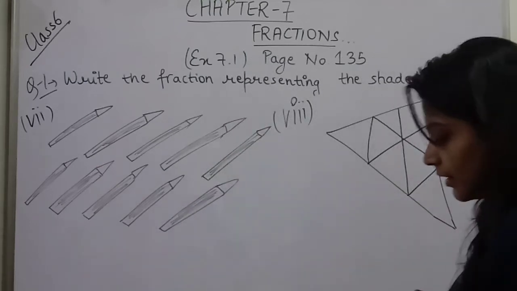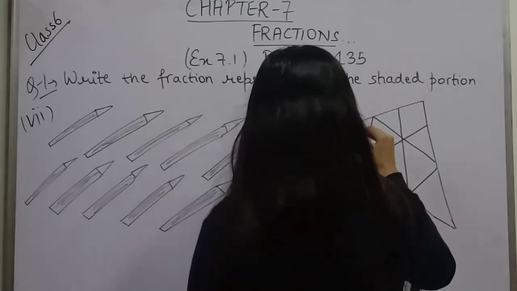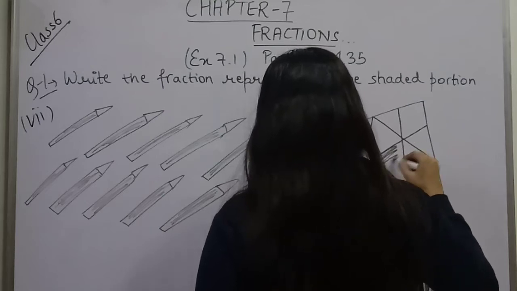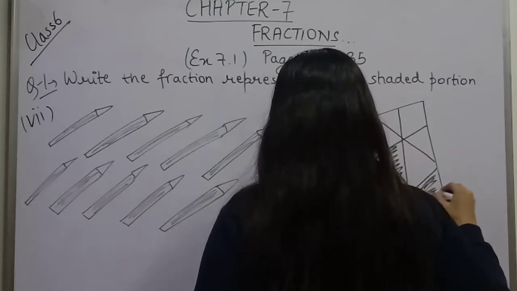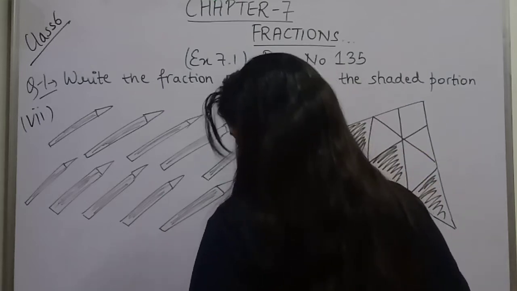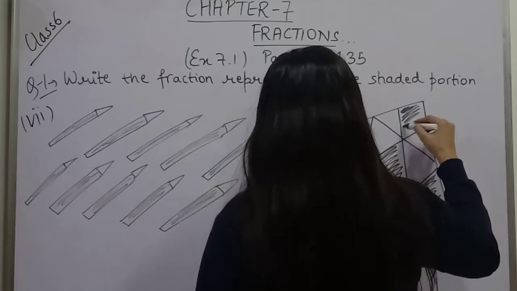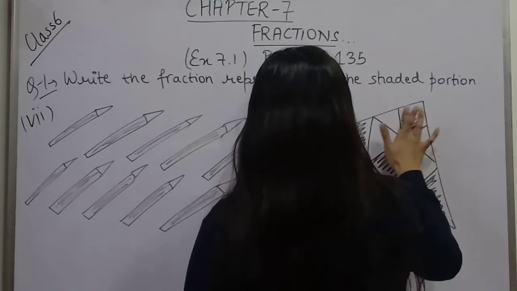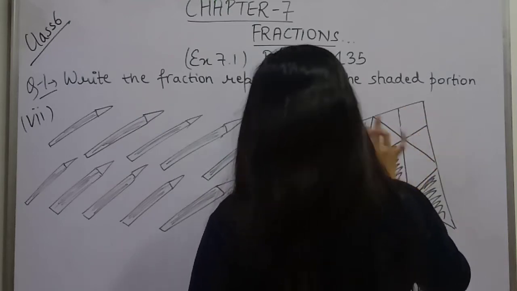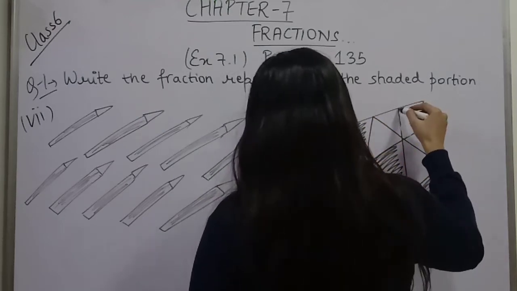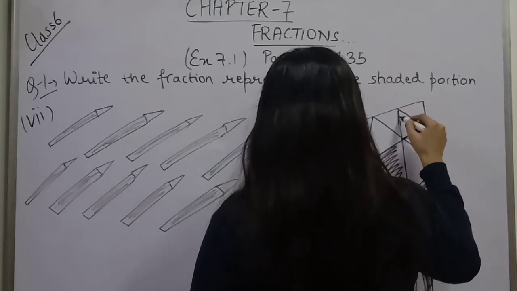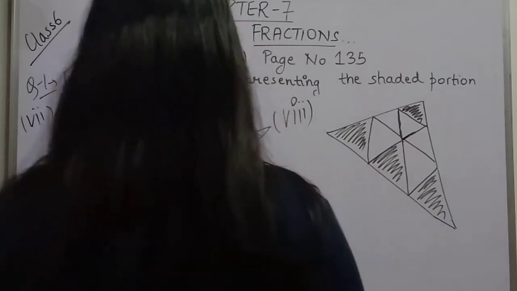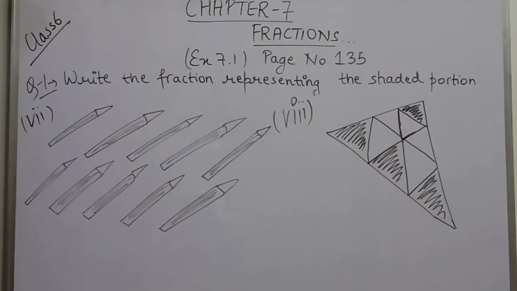And the shaded region is 1, 2, 3, 4. So it is like this and like this. So this is the shaded region. All right, so the figures for the 7th and 8th parts are clear.